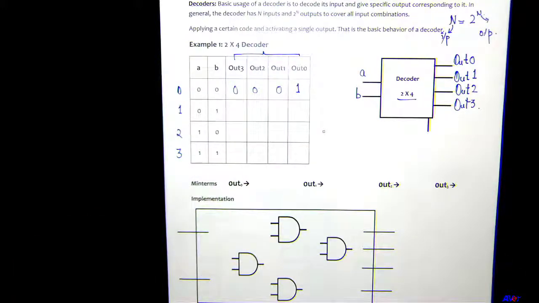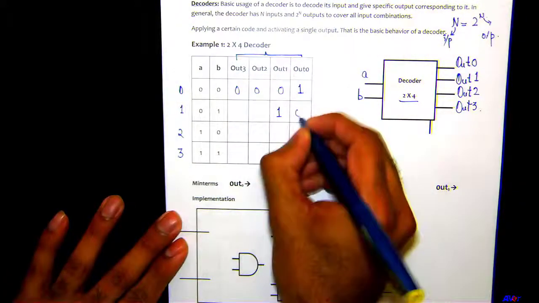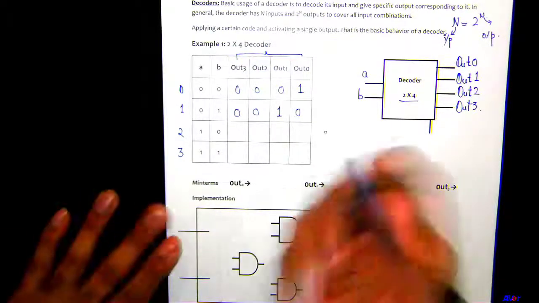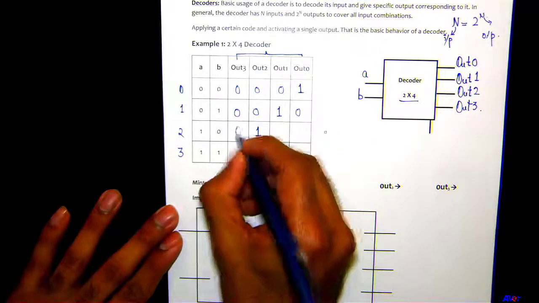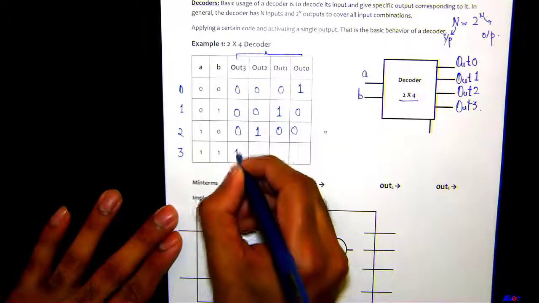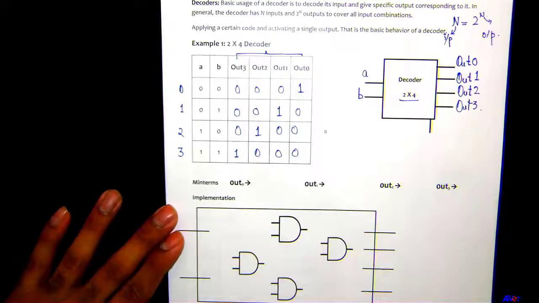It's going to throw one output at a time. Similarly, 0 1 makes a code of 1, so output 1 is going to be high, rest of the others are going to be 0. 1 0, out 2 is going to be high, the rest 0, and 1 1, out 3 is going to be high, rest of the other outputs are going to be 0.